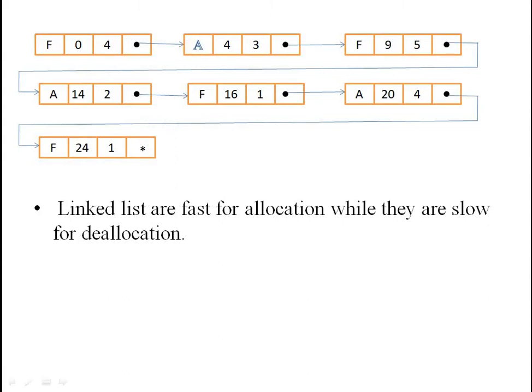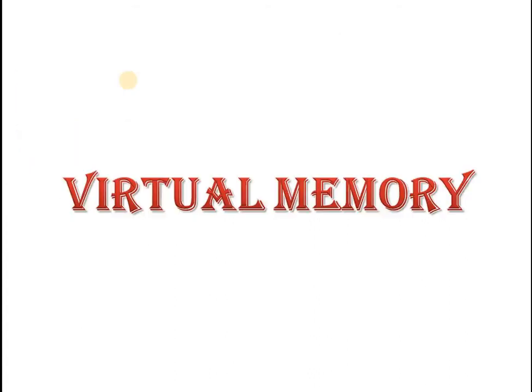In this node, A denotes that the memory is allocated, its starting chunk number is 4, and the next number 3 indicates that 3 chunks are allocated, that means 4, 5, 6. In the same manner, all the nodes are denoted. Linked lists are fast for allocation, while they are slow for deallocation.